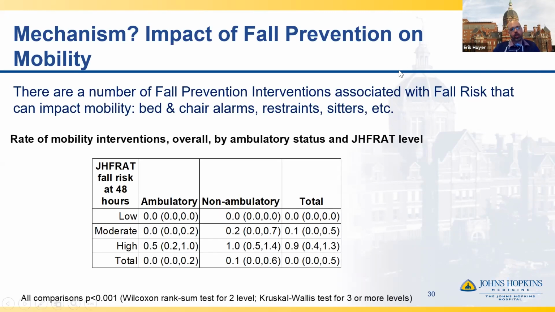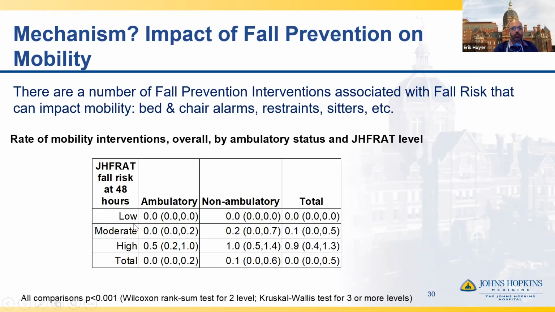This table is showing patients with different JFRAT risks. At the top, we have patients with low risk, moderate risk, and high risk, and then patients who are ambulatory and non-ambulatory. What this table is showing is the rate at which mobility-impacting interventions are being selected by nursing to try to alleviate the patient's fall risk.